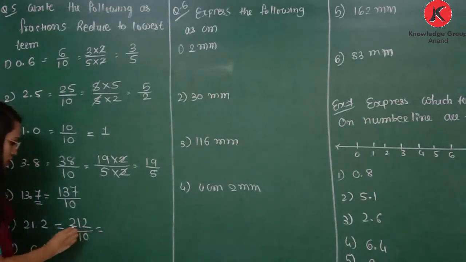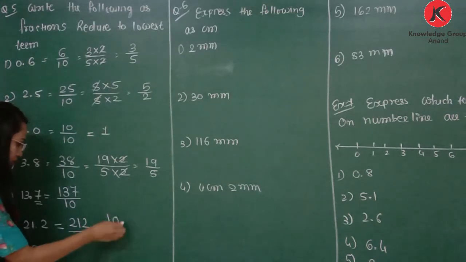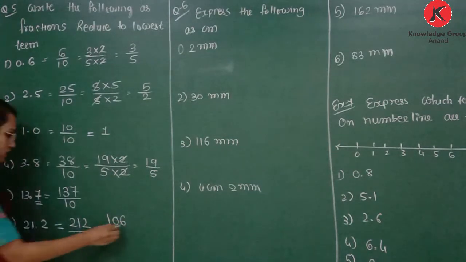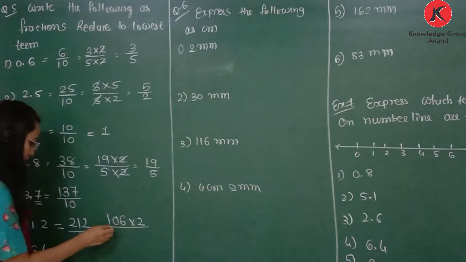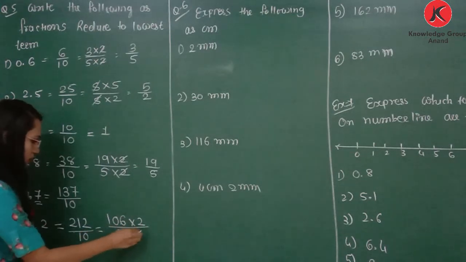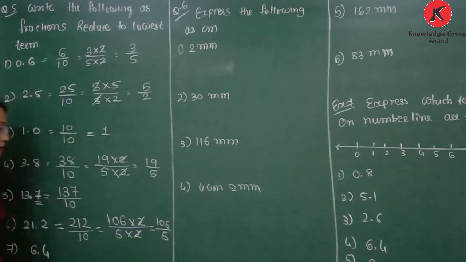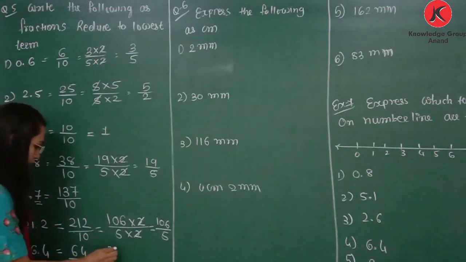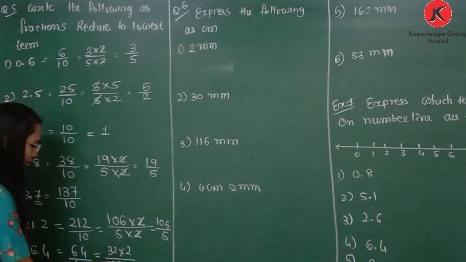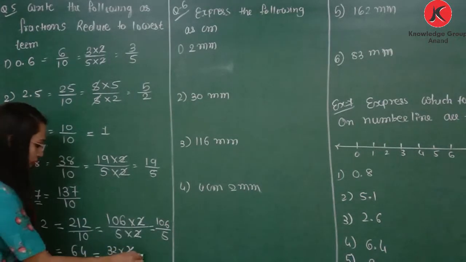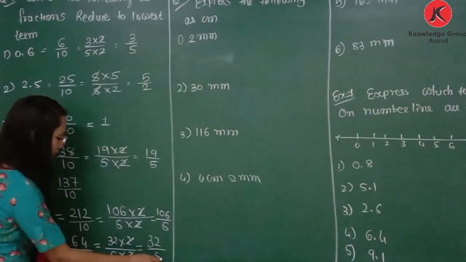Now find the factors of this one. 106 multiplied by 2, divided by 5 multiplied by 2. So here cancel 2. So it is 106 divided by 5. So this is the simplest form, or you can say lowest term. Now next one, 6.4. So 6.4 can be written as 64 by 10. So it is what? 32 multiplied by 2, 5 multiplied by 2. Now common factor 2 cancels. So it is 32 by 5.